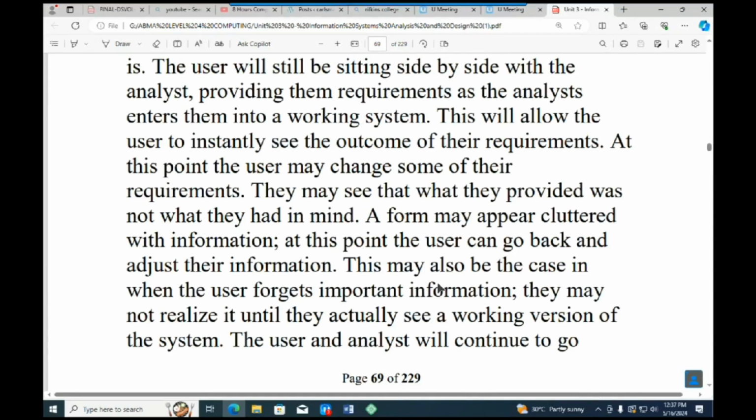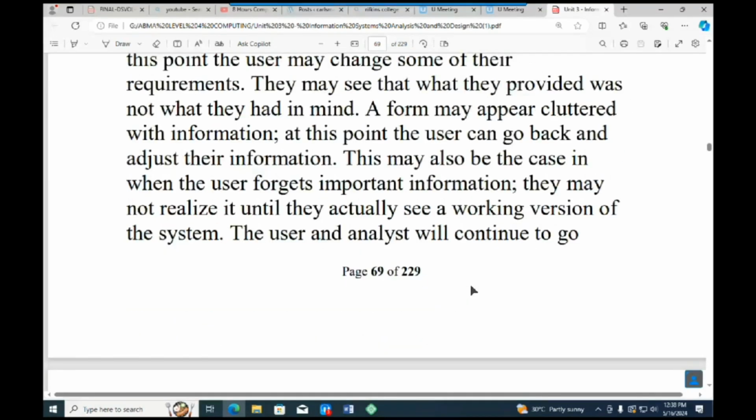So for example, if it was the requirements of a registration form, and they see that the form will be cluttered, then they can omit some information, they can adjust some information. It can also be the case if a user, for example, forgets some important information.